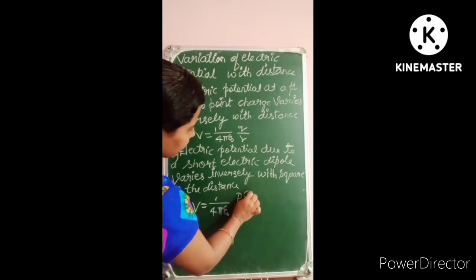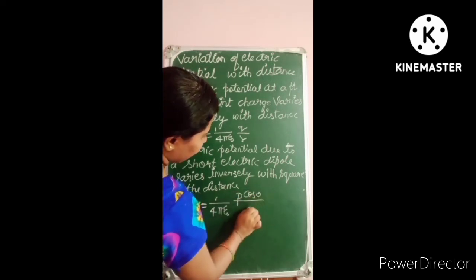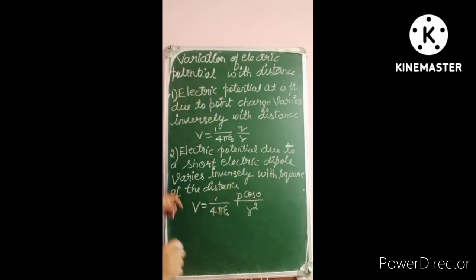You already studied this in the previous section. It means the electric potential due to a short electric dipole varies inversely with the square of the distance. Again, no need to remember the expression, just remember the statement here.